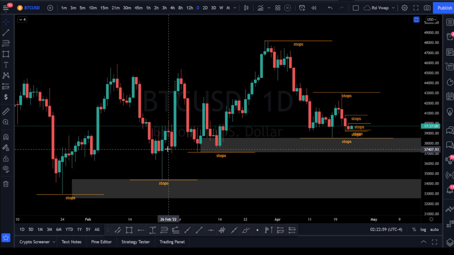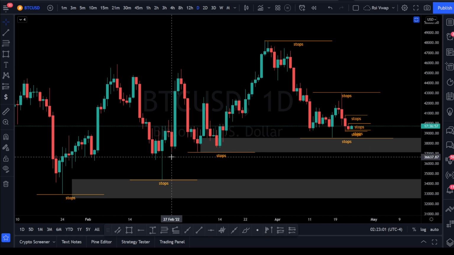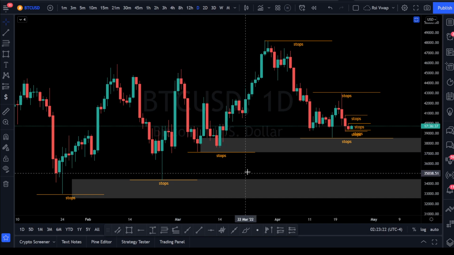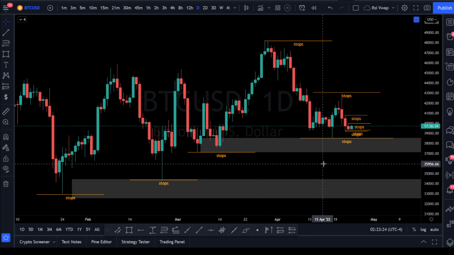Now, one of the basic reasons is, say a big player wanted to get 50 Bitcoin filled. You're not going to place a market order or just buy at once. What you're going to do is put your limit orders in areas where people are going to be liquidated or forced to sell.